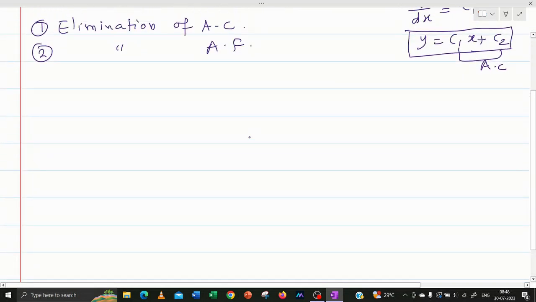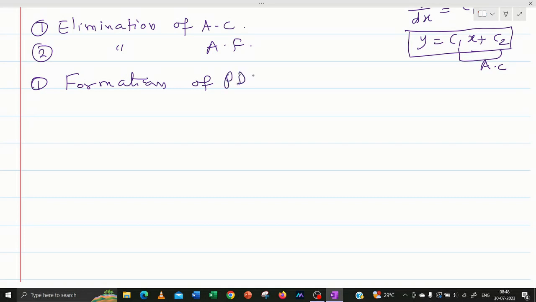First we will discuss the formation of partial differential equation by eliminating the arbitrary constants.